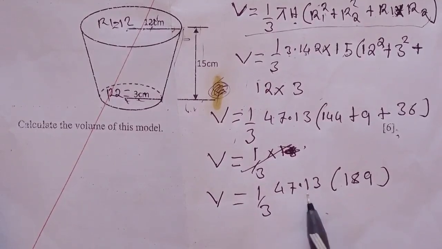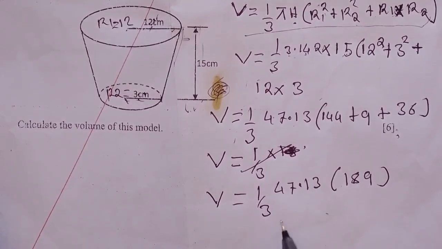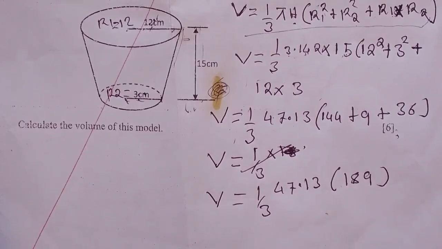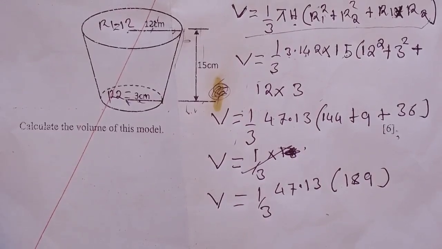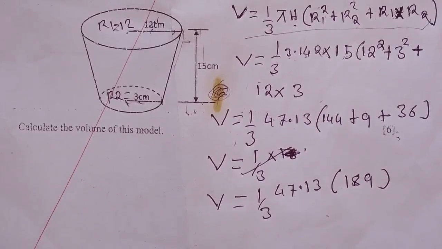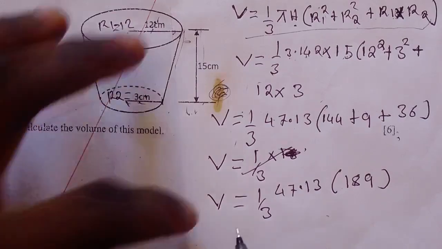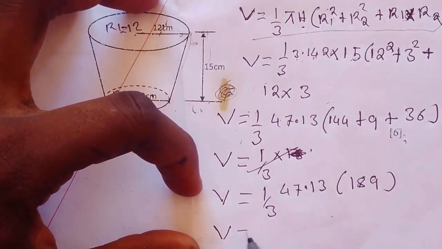So just do 47.13 multiplied by 189, then the answer divided by 3. This will give you 8,907.57.